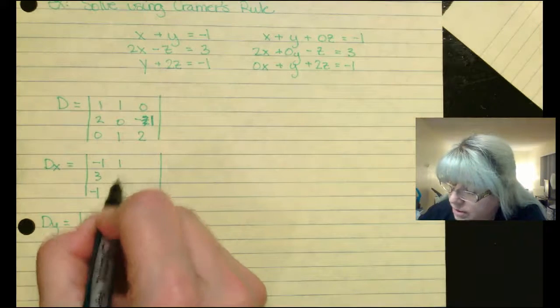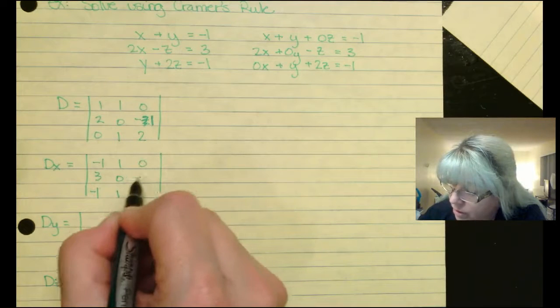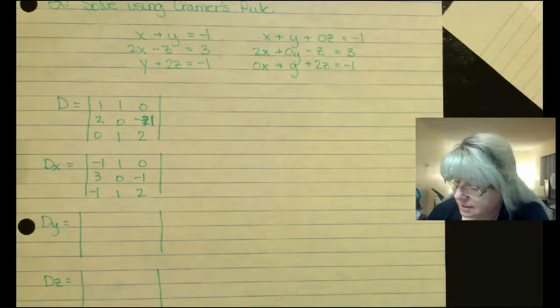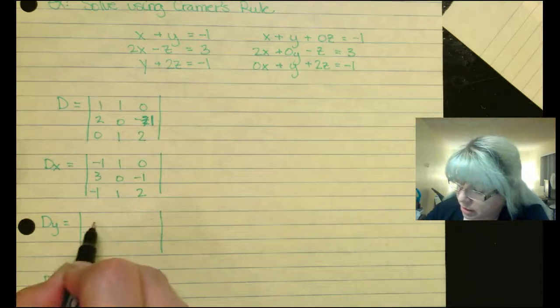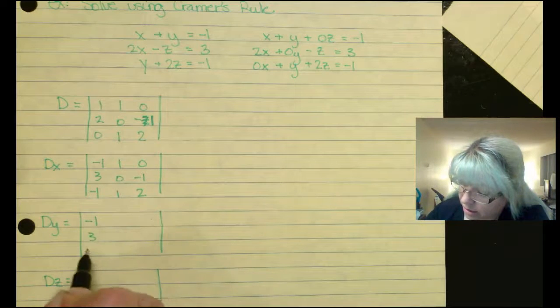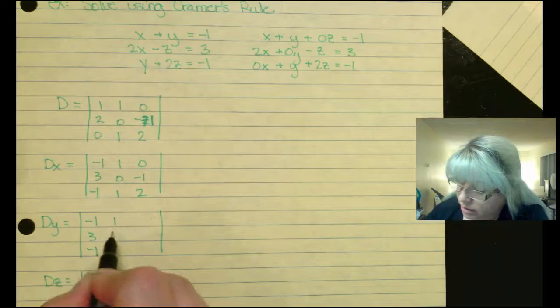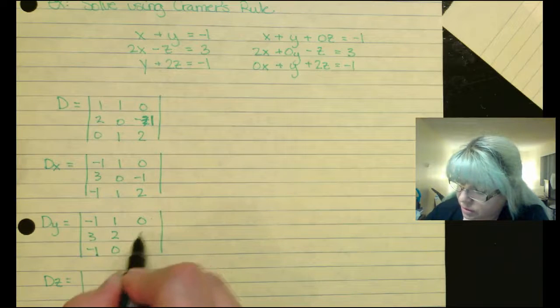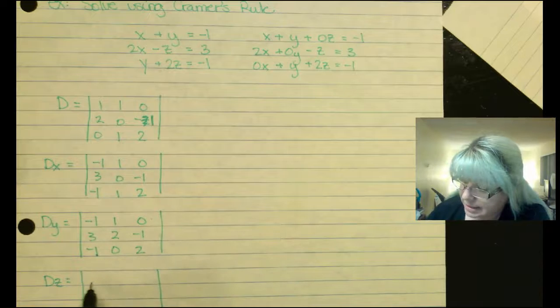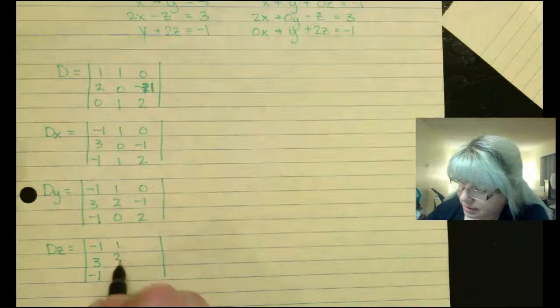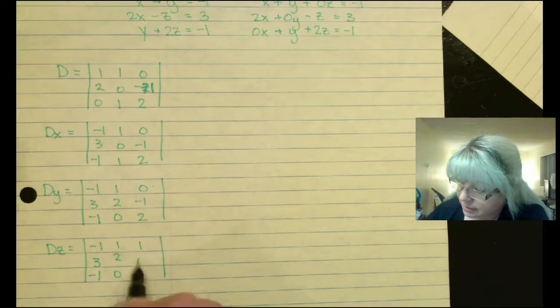Then the y's, 1, 0, 1, and the z's, 0, -1, 2. dy is going to be -1, 3, -1. The x's, 1, 2, 0, and the z's, 0, -1, 2. And dz is going to be the constants, the x's, and the y's.